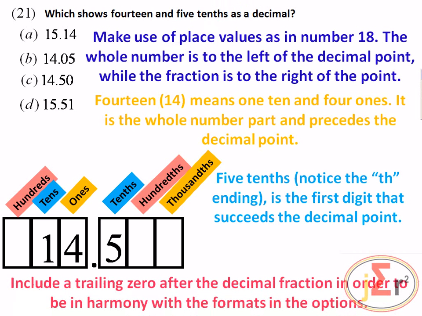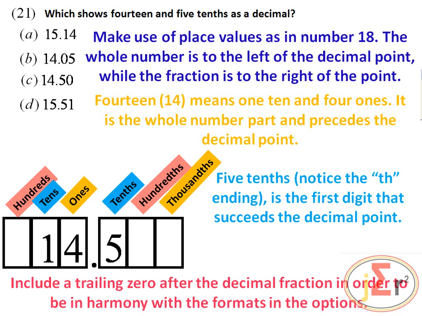Include a trailing zero after the decimal fraction in order to be in harmony with the formats in the options. So we have 2 places of decimal and we have 1 right there. If we include a trailing zero, it will not affect the value of the number that we have there.